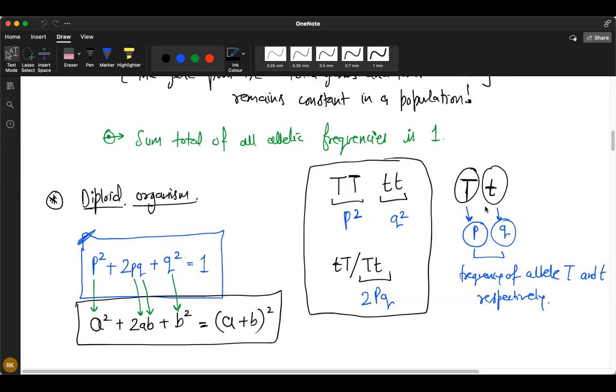So that is P. And let's assume the frequency of small t in any population is Q. So when this condition arises, capital T, the total frequency becomes P square because both are coming together.